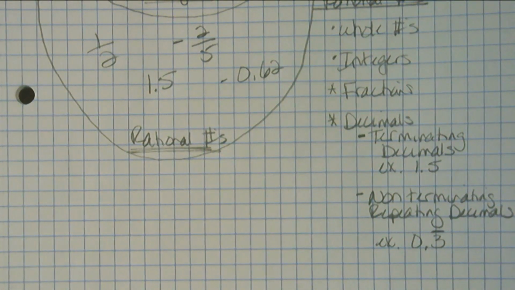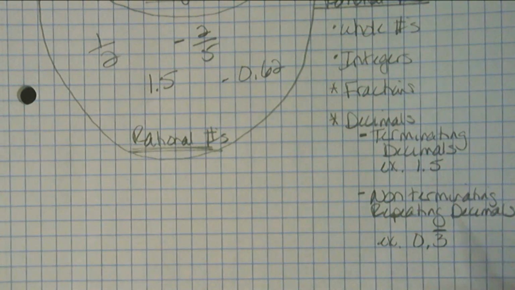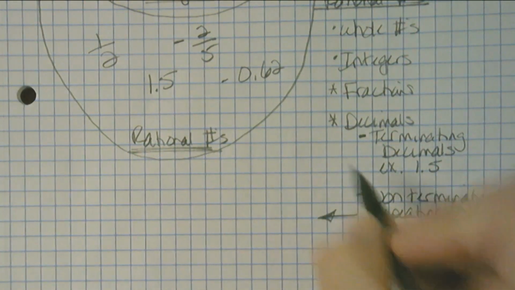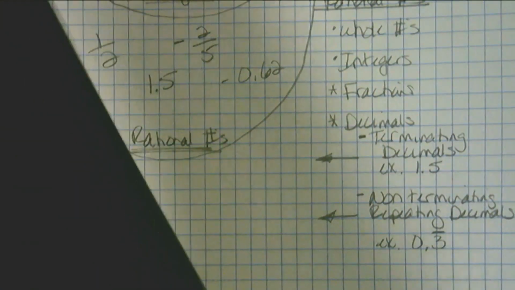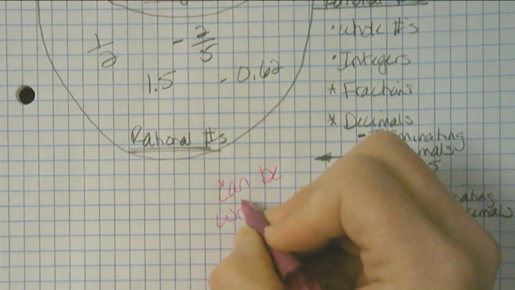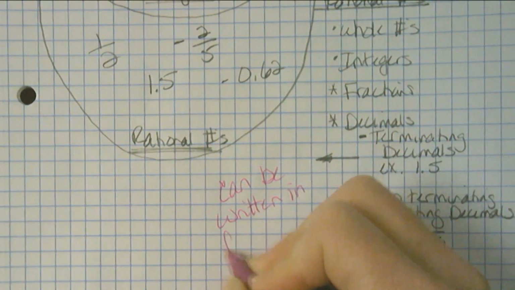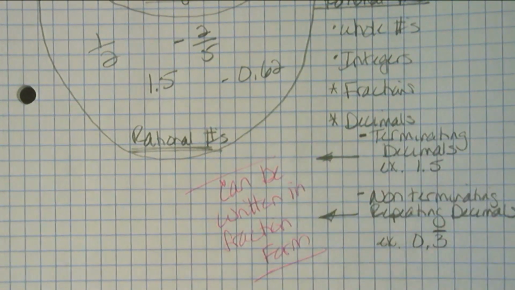Now, the reason non-terminating repeating decimals are considered rational numbers is that they can be written as a fraction. So both of these types of decimals can be written in fraction form. That's why they are considered rational numbers.